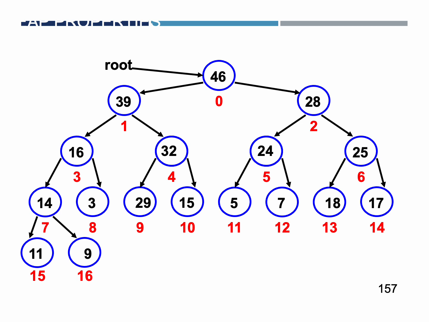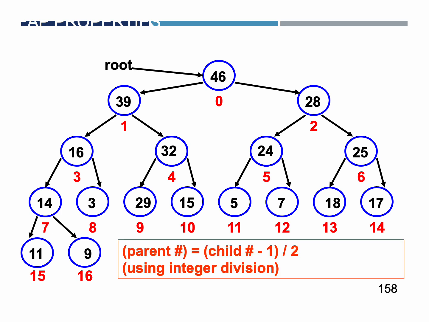So this is how you can get the address of your children using your parent address. Now if you want to find your parent address using the child address, you subtract 1 from the child and then divide by 2.